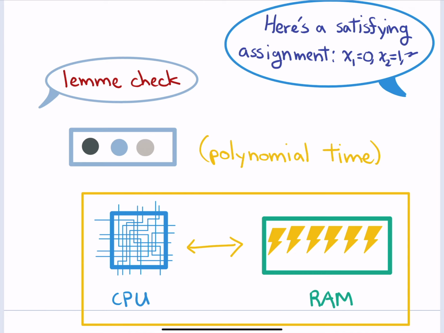This isn't a Hamiltonian path. This is a satisfying assignment. This isn't a satisfying assignment. That we can do in polynomial time. And what do we now know about all polynomial time algorithms? Or what did I sketch at a high level? All right, so what do we know about polynomial time algorithms?